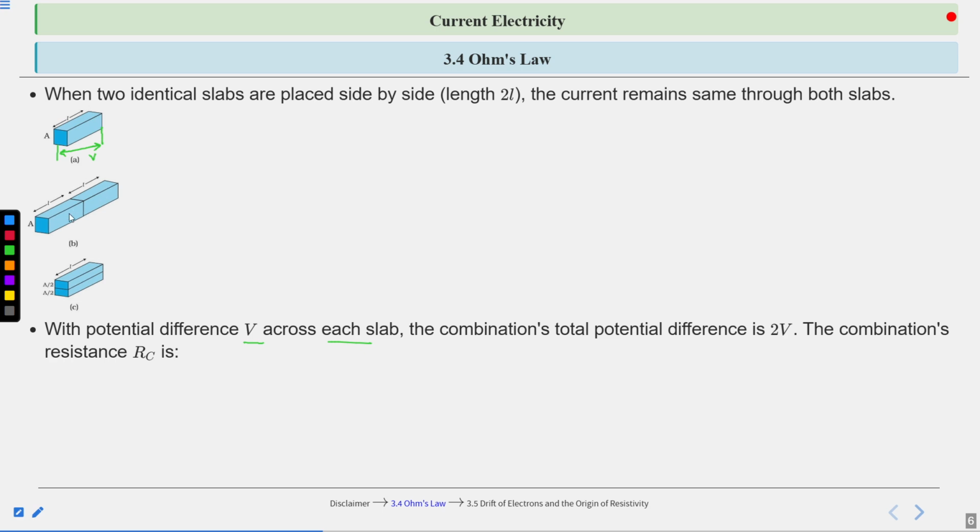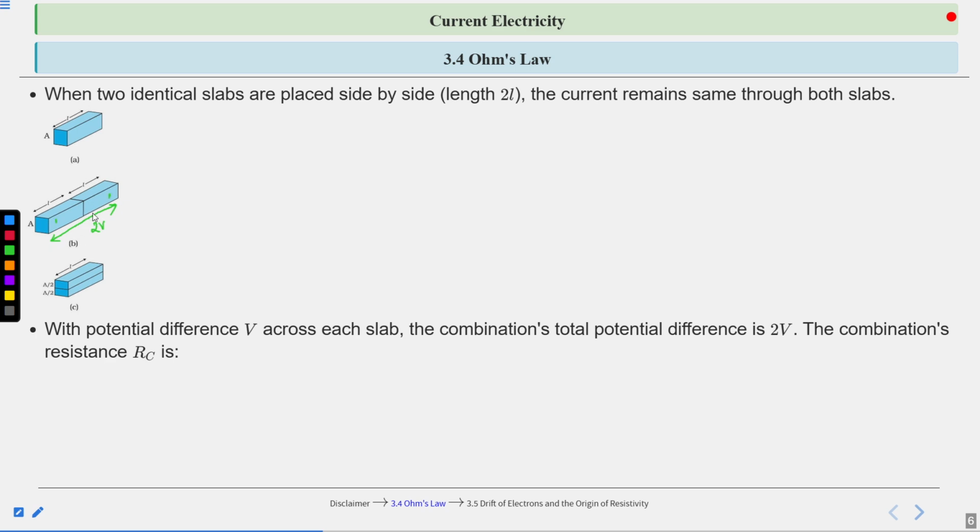Now we are connecting these side by side. So the potential difference across this slab is V. The potential difference across this other slab, which is placed side by side, is also V. So the potential difference across one slab is V. Now we have placed them side by side, so the potential difference across both these slabs is now 2V: V across this slab and V across this slab.